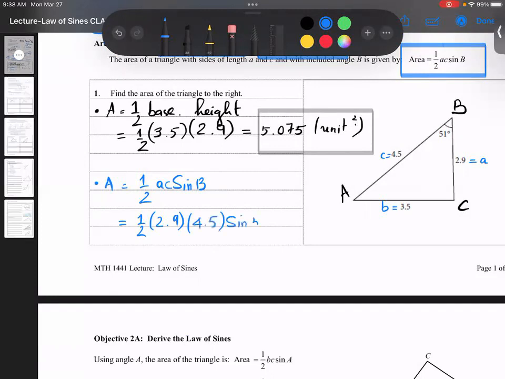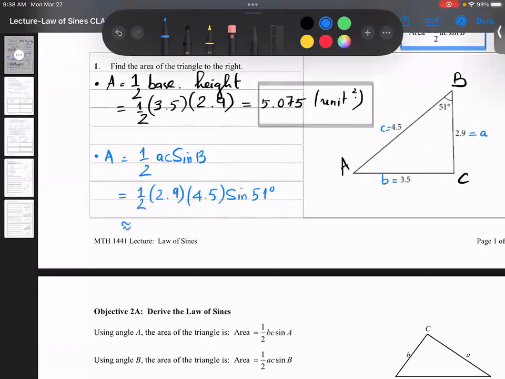Sine of 51 degrees. I want you to calculate this one for me and approximate to 3 decimal places. You're not going to have the exact answer, but you should be very, very close. Make sure your mode is in degrees, for this class and for the next class as well.